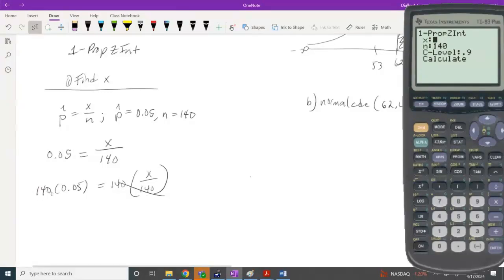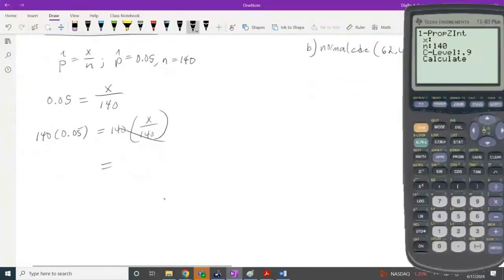That leaves us with x. And if we multiply 140 times 0.05, that gives us 7. If we were to take 7 and divide that by 140, that should give us the 0.05.